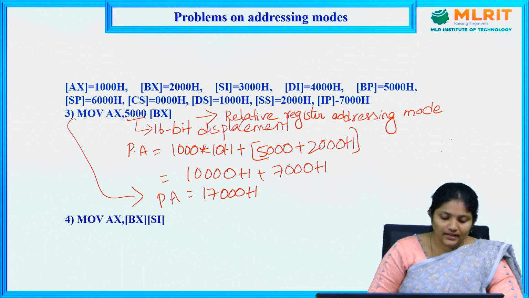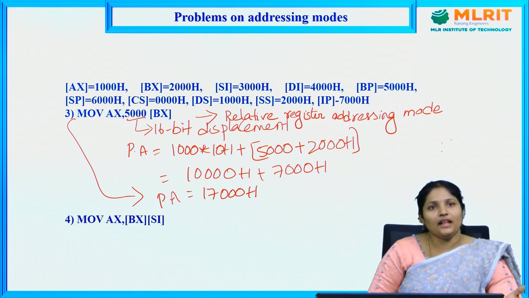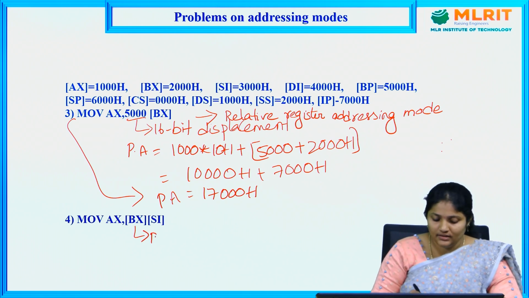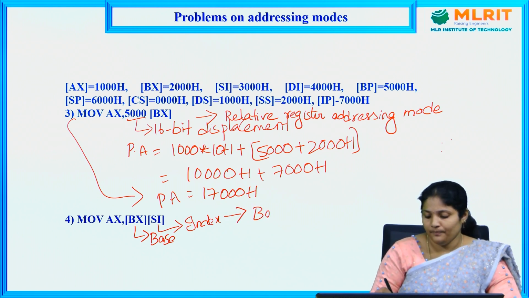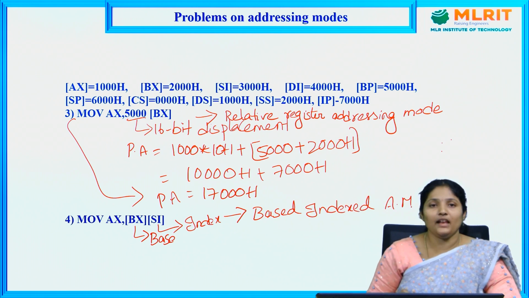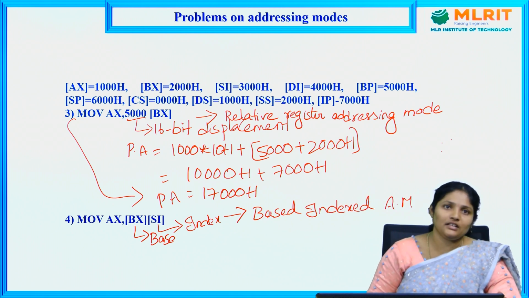Coming to the next instruction, here we are directly seeing move AX, BX and SI. BX is the base register and SI is the index register. So we can say that this instruction falls under the based indexed addressing mode. How will we calculate the physical address for this type of instruction?